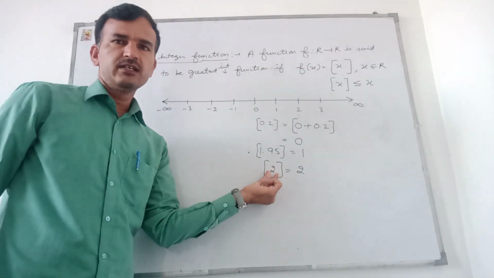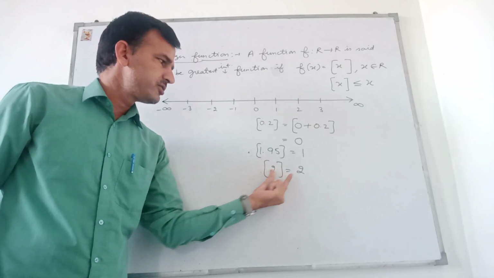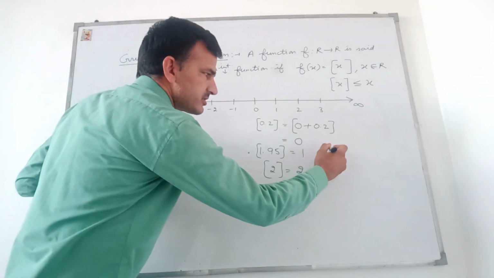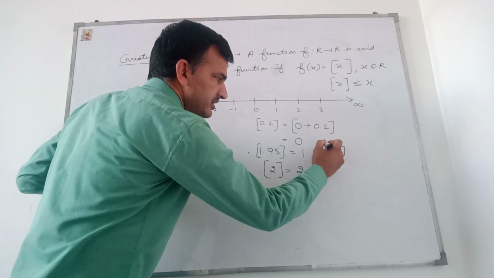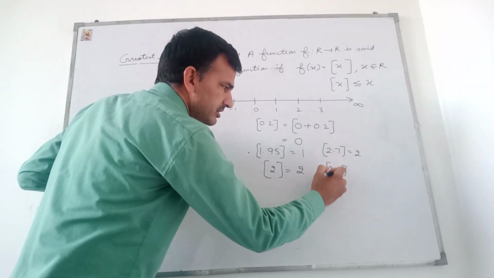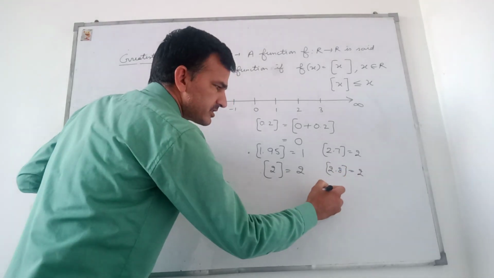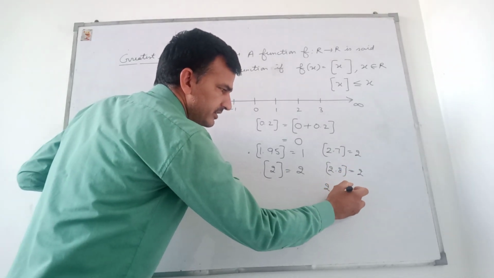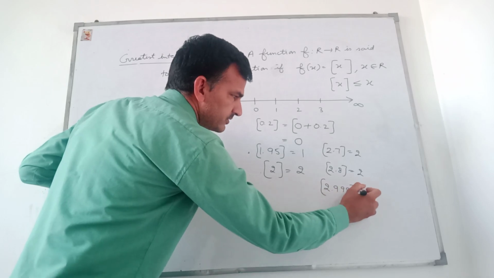2 is itself an integer. Therefore greatest integer of 2 is 2. Greatest integer of 2.7 is also 2. Greatest integer of 2.8 is also 2. Greatest integer of 2.999 is also 2.